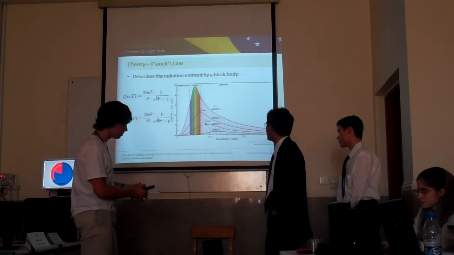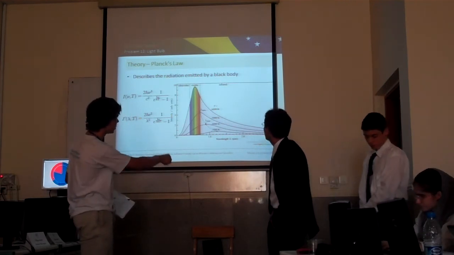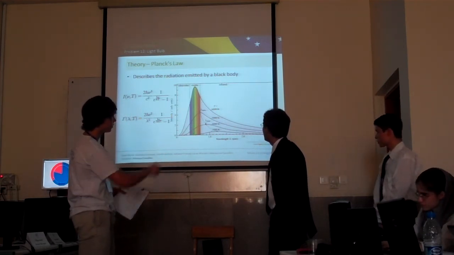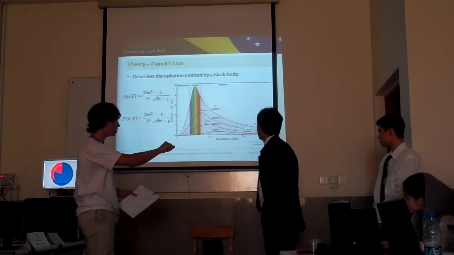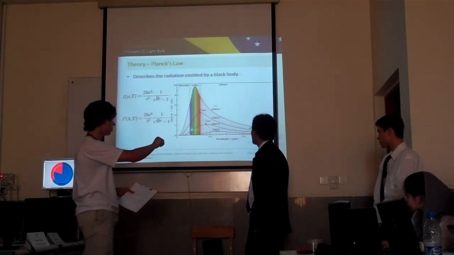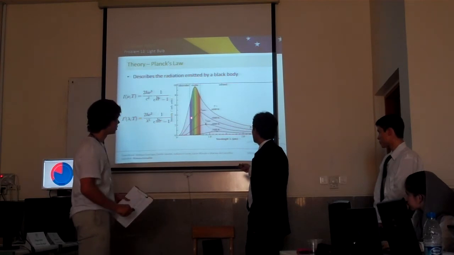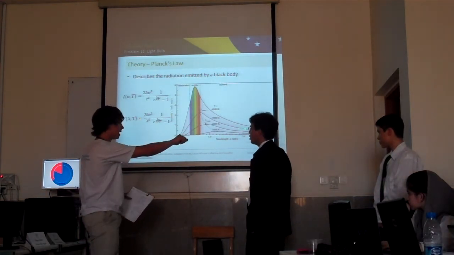And what about the whole area under the Planck's curve? What does it mean? Not lines, I mean the area.